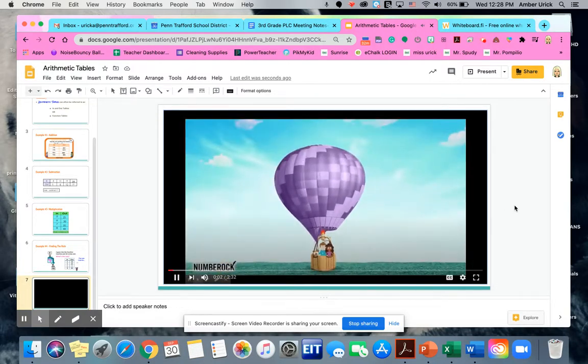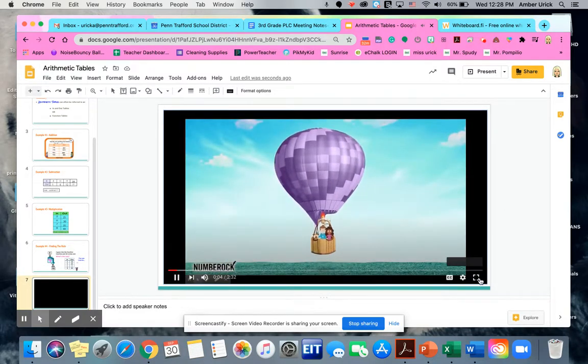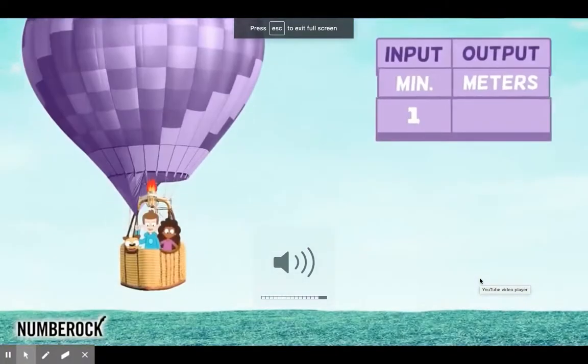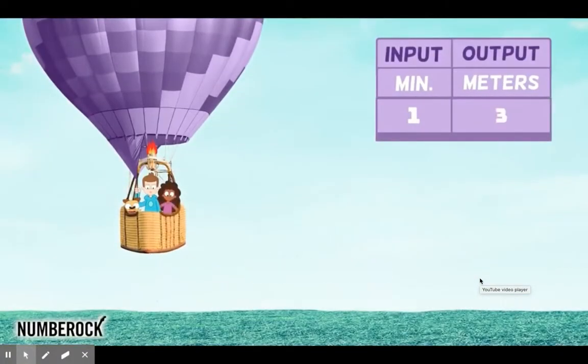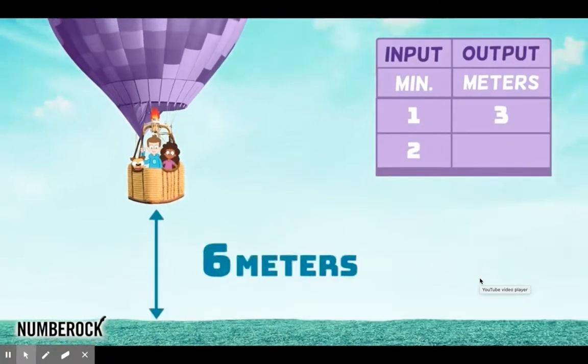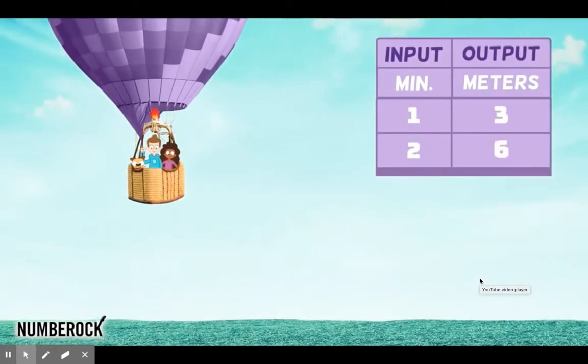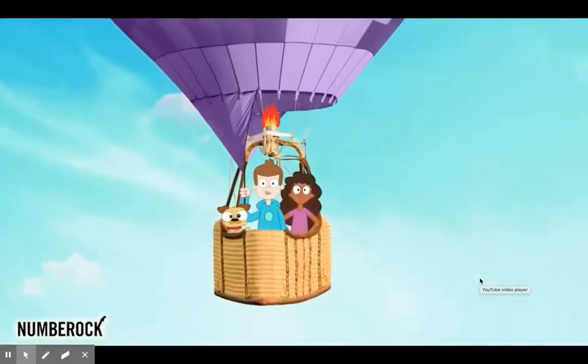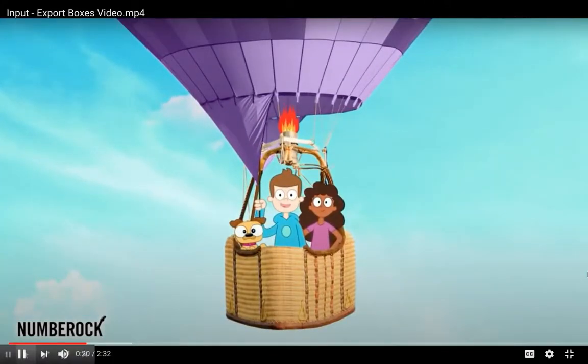We're in a hot air balloon going up to fly. The table shows our time and height in the sky. The 1 minute we're 3 meters off the ground. At 2 minutes we're 6 meters up, staring down. At 3 minutes we're up 9 meters high. What's the rule that shows our place in the sky?